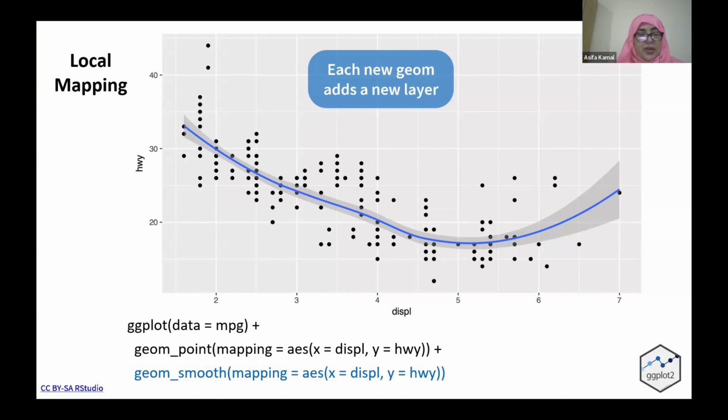Then we have added another layer, that is geom_smooth. Again, we have given the same mappings. So it is called local mapping, that each time we give the details about mapping locally inside the geom function.